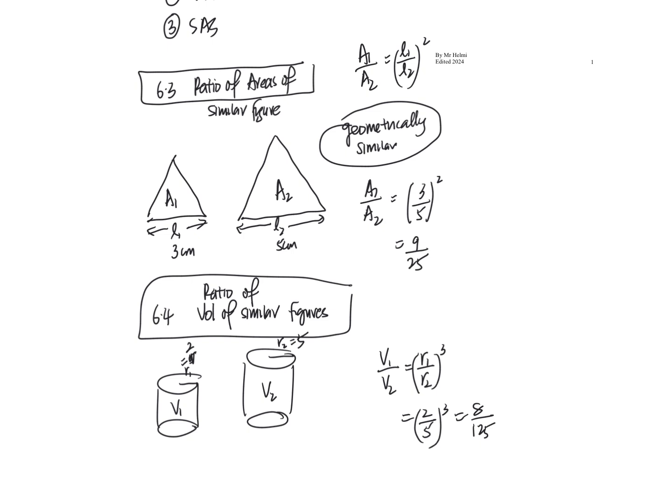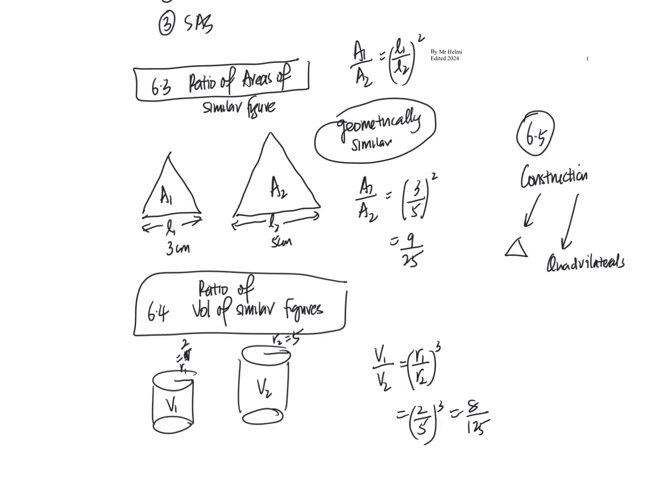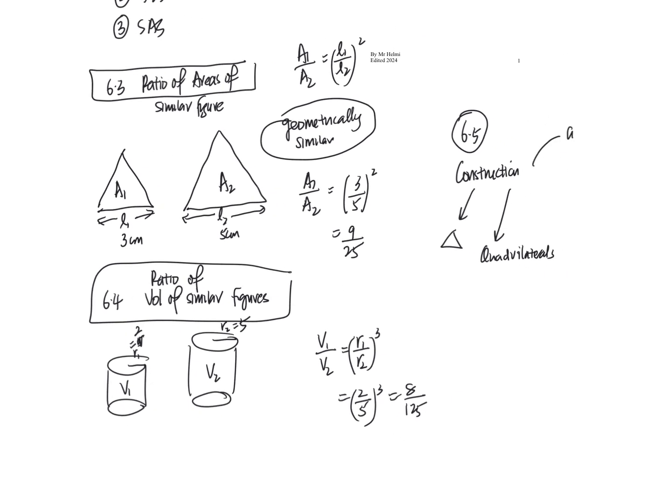And then the last one is 6.5, which I will show you how to draw construction. So basically, they can ask you to construct triangles, quadrilaterals, and what you have learned before, angle bisector and perpendicular bisector.